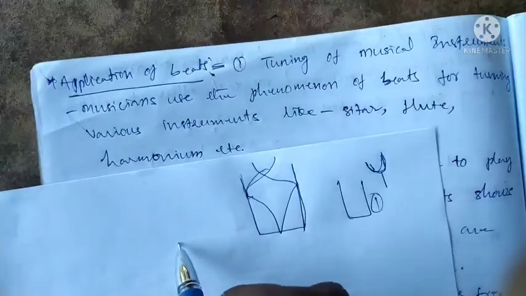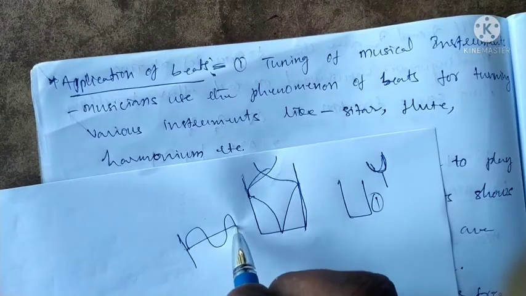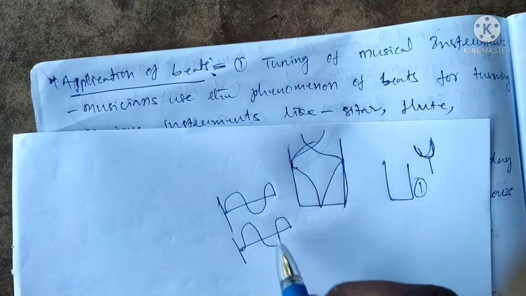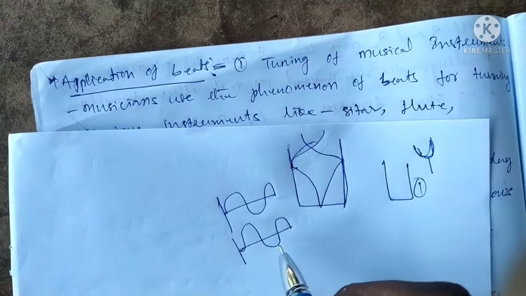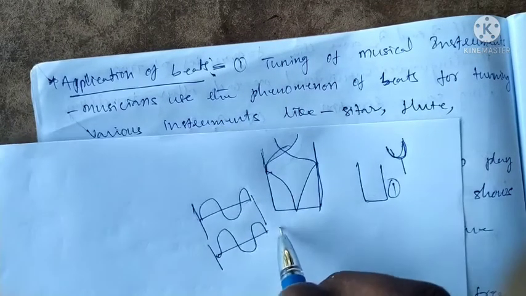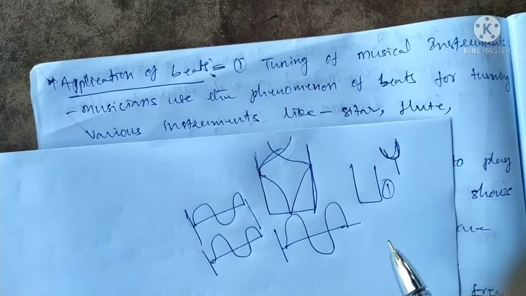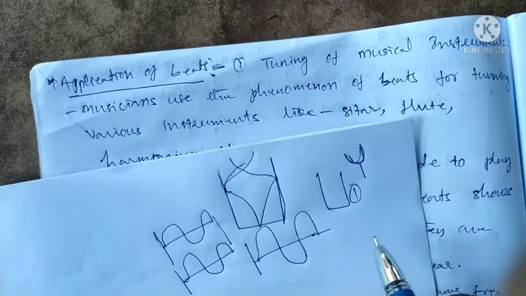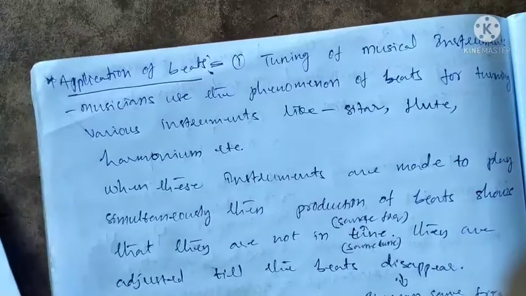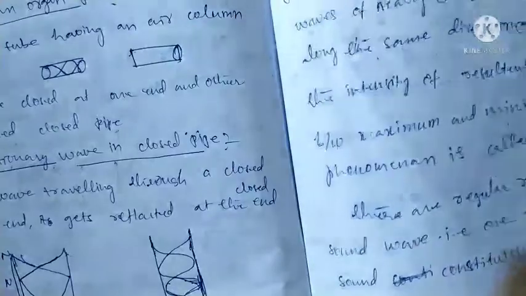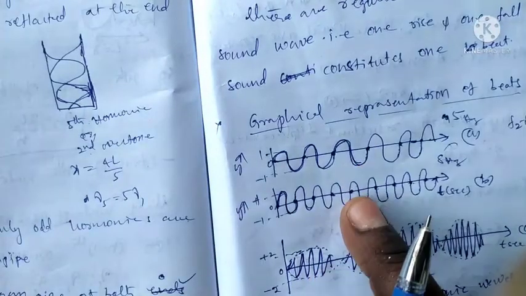Suppose one wave is like this, and another wave is like this. Same wave, same frequency, same amplitude, they give a result like this. The resultant displacement is a superposition of two waves. But in this case, see, the two waves are different.